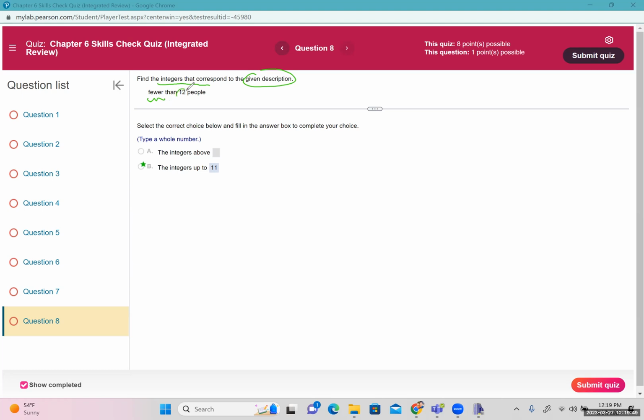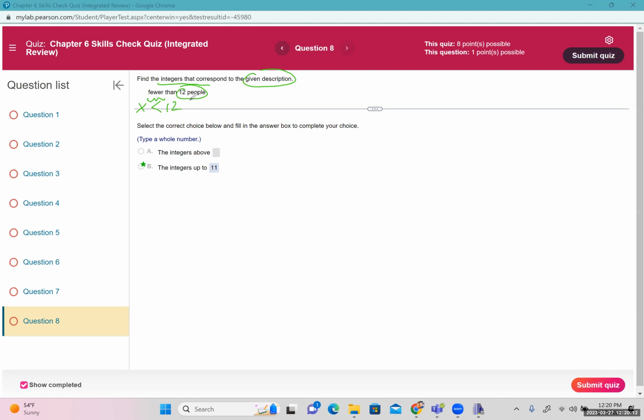Fewer than 12 people. If I talk about fewer, it means less than, okay, less than 12. Same meaning as that. So it's like all the x less than 12.